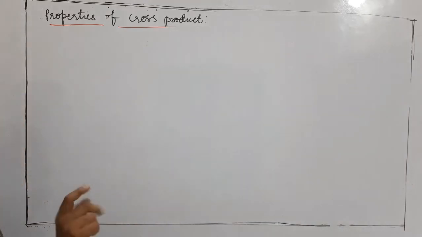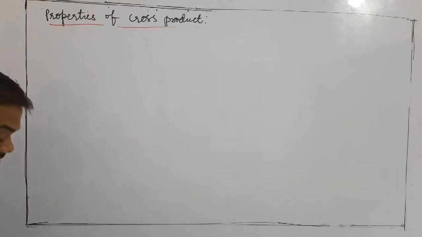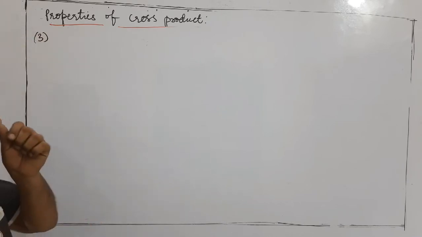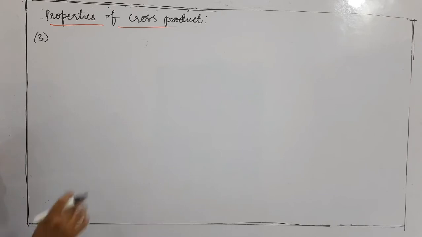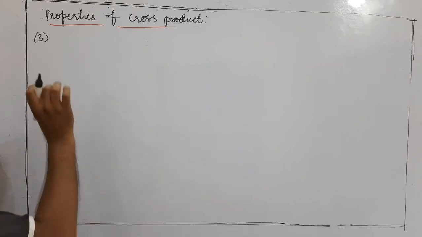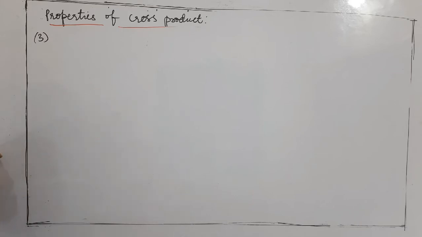In the last video we discussed only two properties of the cross product. Next we have the third property. What is the third property? In the first property we explained that the cross product does not obey the commutative law, that's why the cross product is anti-commutative.